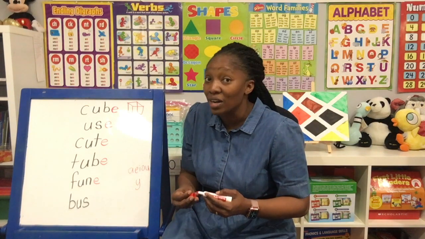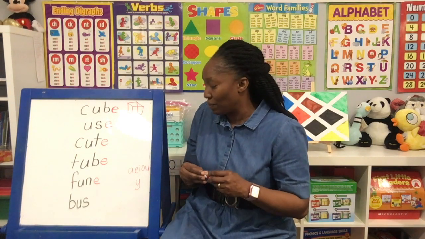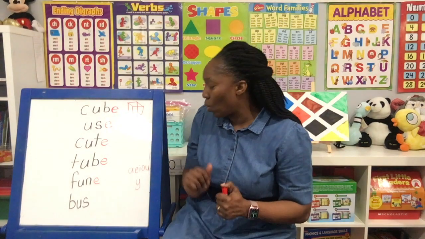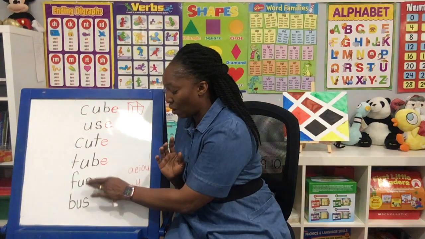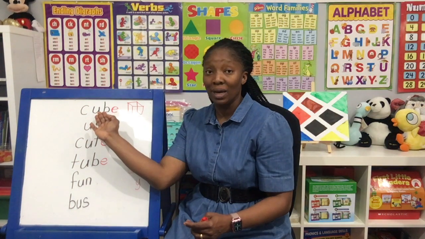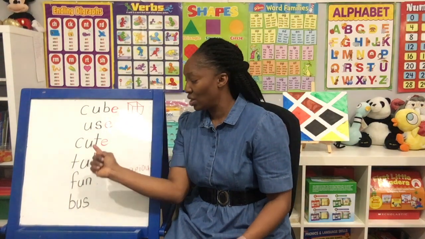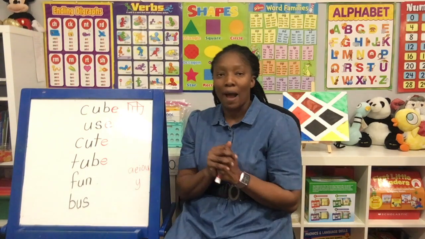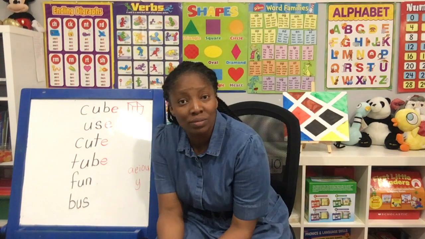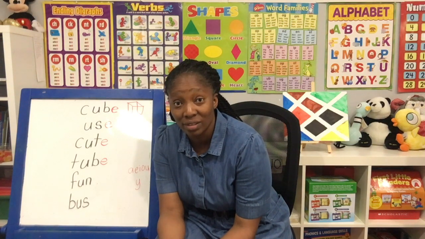It might be a word, but I haven't really heard of it. So we're working today on our long U sound. Cube, I'll take that off. Cube, use, cute, tube.